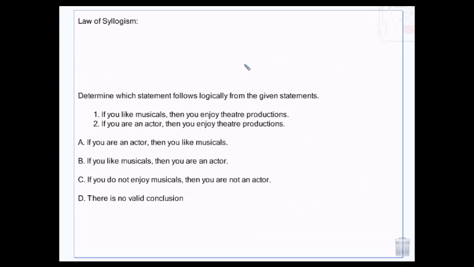Law of syllogism, which is another valid deductive reasoning. What are the root words for syllogism? So the law of syllogism is kind of like a compound statement.